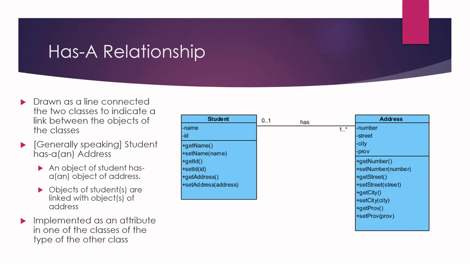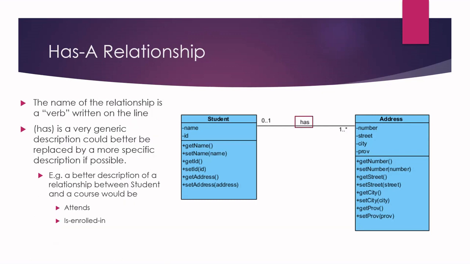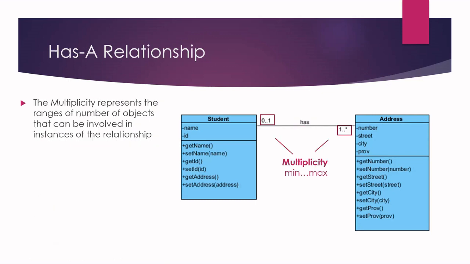In addition to linking the two classes and describing the intention of the relationship, you have what we call the multiplicity. Multiplicity describes how many objects from each side would be participating in this relationship. Multiplicity is in the form of minimum to maximum.